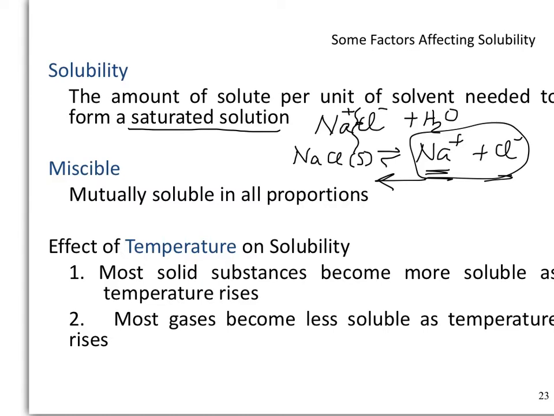So again, what I really want you to understand is that a solution in which the dissolved solute is in this dynamic equilibrium cannot hold any more solid. This is what is called a saturated solution. If you add any additional solute to a saturated solution, it's not going to dissolve. A solution containing less than this amount is called an unsaturated solution, so if you continue to add additional solute, of course, that's going to dissolve.